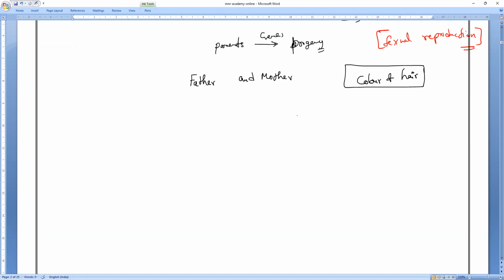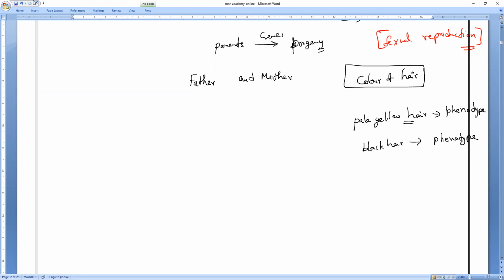And if I have two colors of hair, pale yellow hair is also a phenotype, a character. And I have black hair.